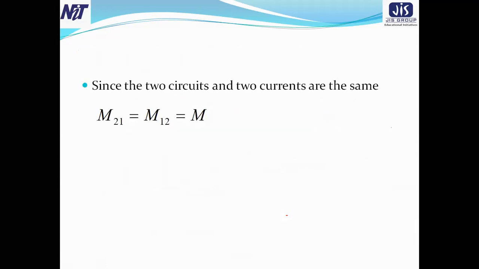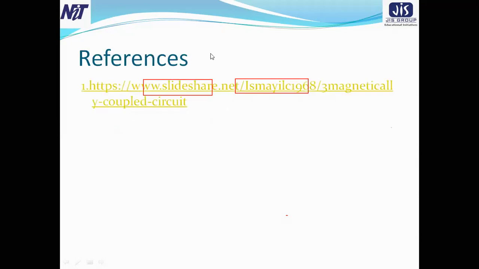Since the two circuits and two currents are the same, we can say that M21 equals M12, which is equal to M. So that's all about the first part of coupled circuits.